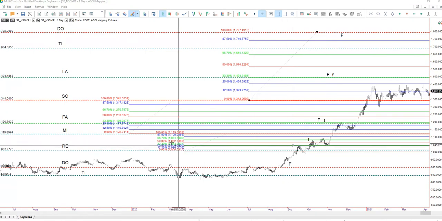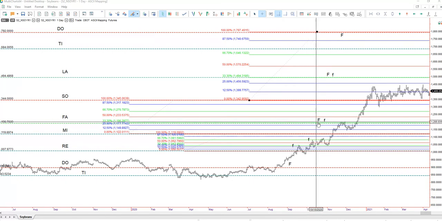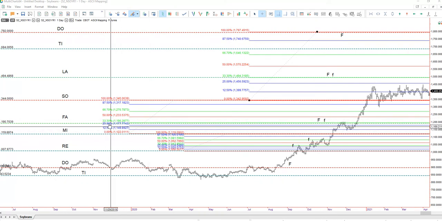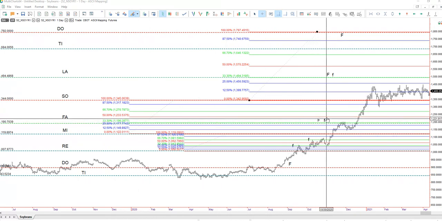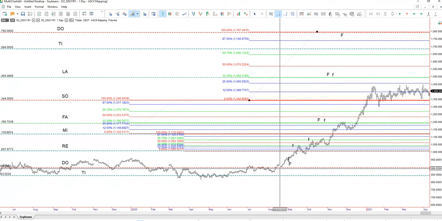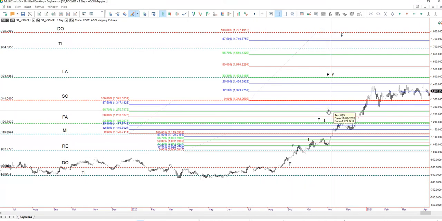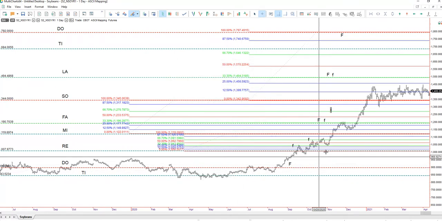This is the fa at the 33% level of the re to mi octave, and the la tone is right there. Then we have a subtone here. We have the fa here, the 33 level of the mi to so octave, and then the la tone is right above that. Let me put that in there.